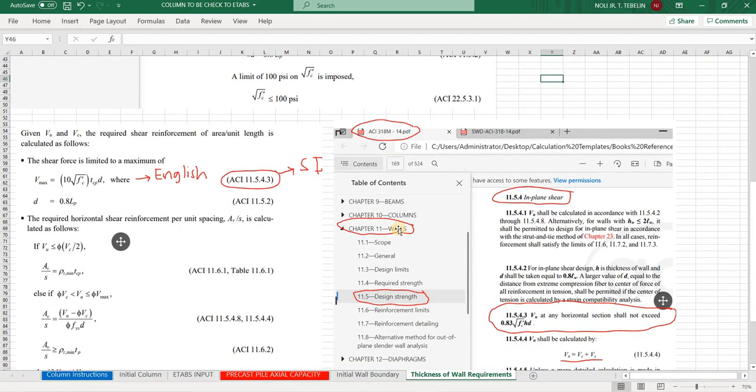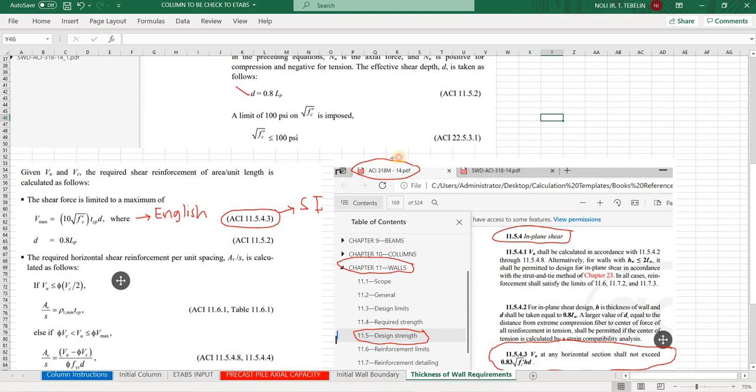I have a code, this is ACI 318M-14, which is also the same as NSCP 2015. Okay? So the shear force is limited to a maximum of Vmax.